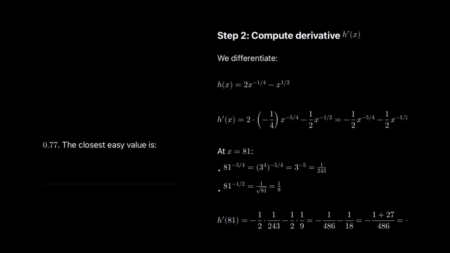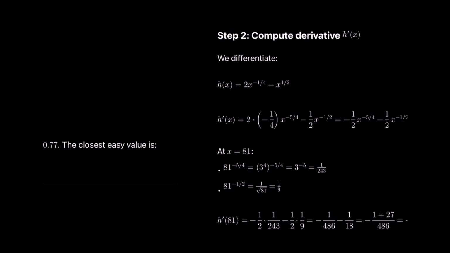Step 2. Compute the derivative h prime(x). We differentiate h(x) equals 2x to the power of negative 1 over 4 minus x to the power of 1 over 2.